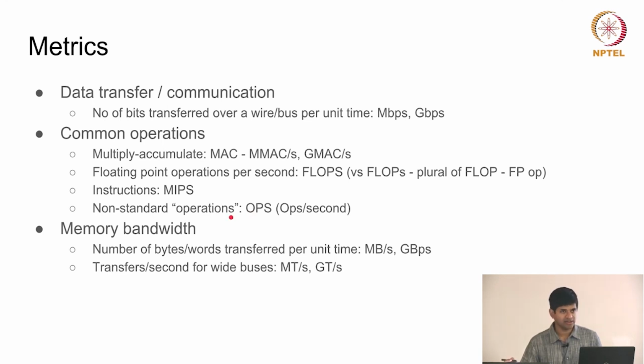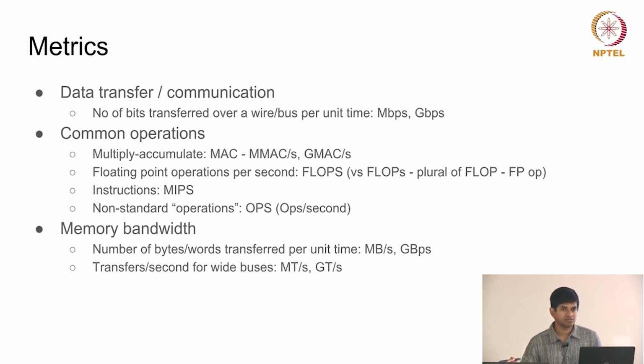Nowadays, with the advent of neural networks, people have been finding that full-blown floating point, 32-bit or 64-bit floating point, is usually overkill for the kind of applications that we are dealing with. So a number of different variants of architectures have come up.